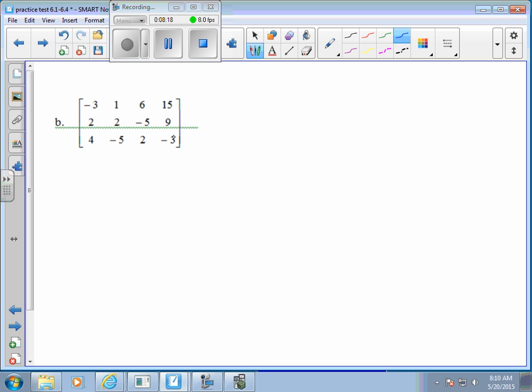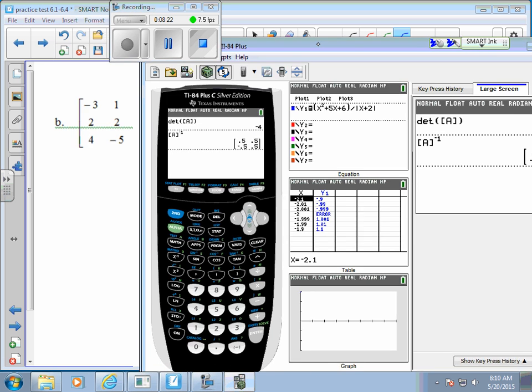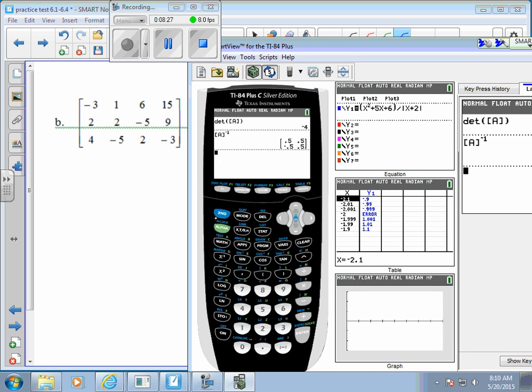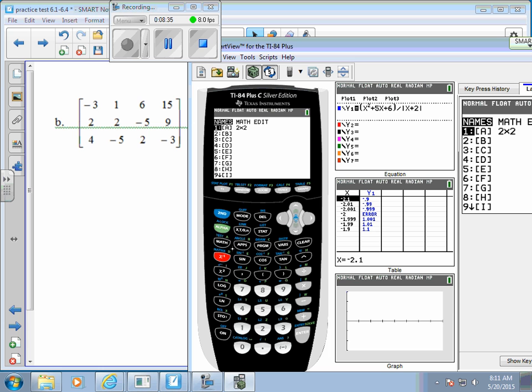In this one, we would have to plug it into our calculator again. So let's see if I can sneak this over right there. We're going to go into matrix, second matrix, and I'm going to edit, and I want to make it a 3 rows, 4 columns.